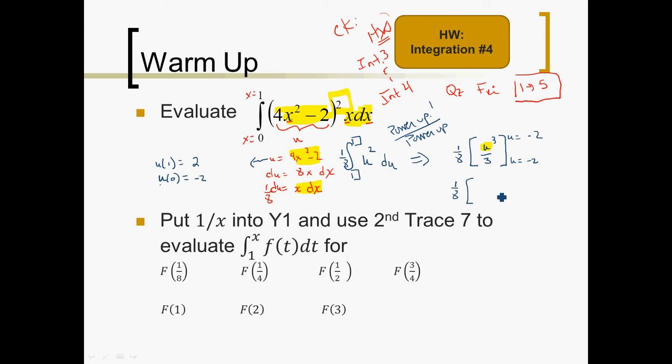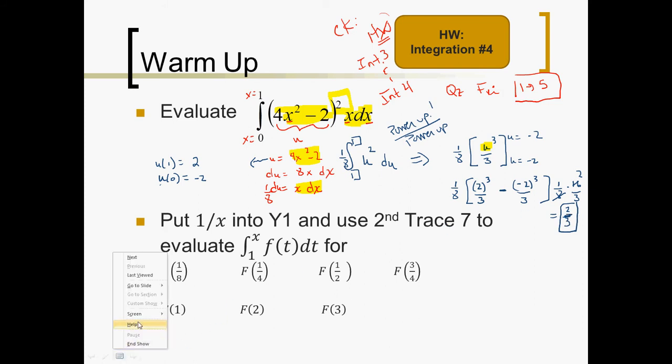And I just have the second part of the fundamental theorem, and I'm going to have 2 cubed over 3 minus negative 2 cubed over 3. And that's 8 over 3 minus negative 8 over 3, so that's 1/8 times 16/3, which of course is 2/3.